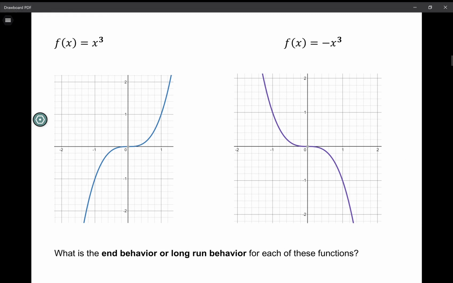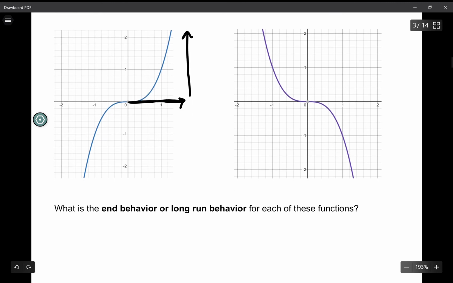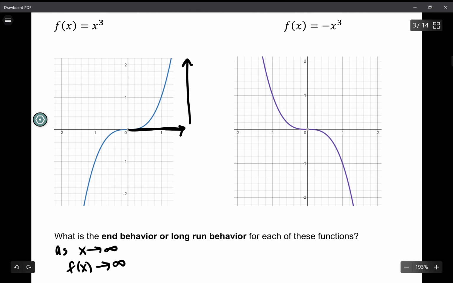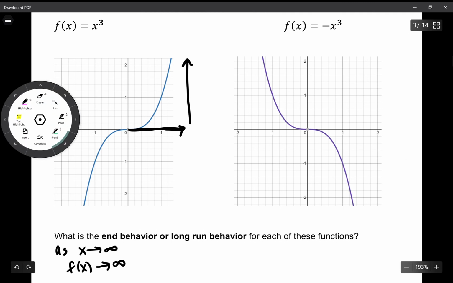Let's look at the end behavior of f of x equals x cubed. x is going to go to positive infinity. What happens to the function? It goes up. So as x goes to infinity, x cubed goes to infinity. What happens as x goes to minus infinity?